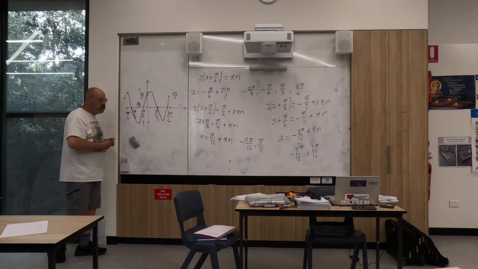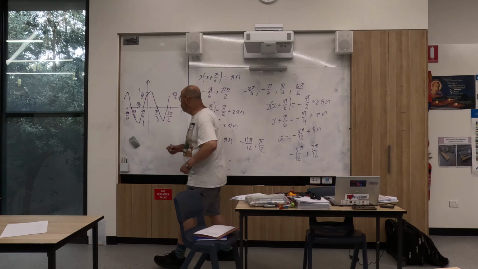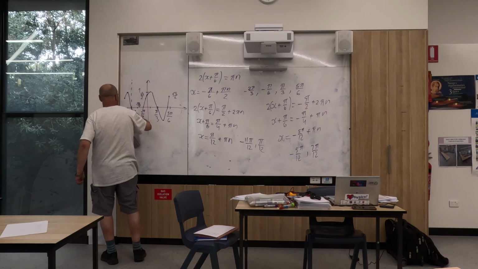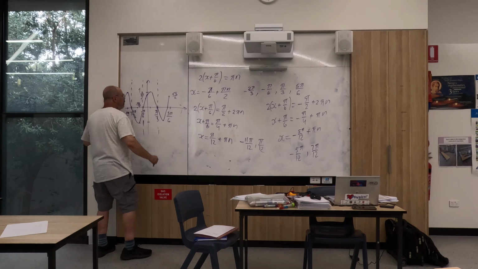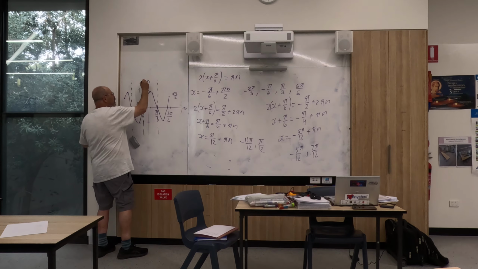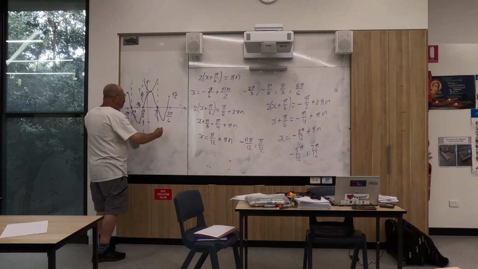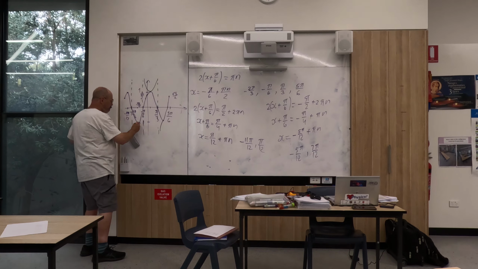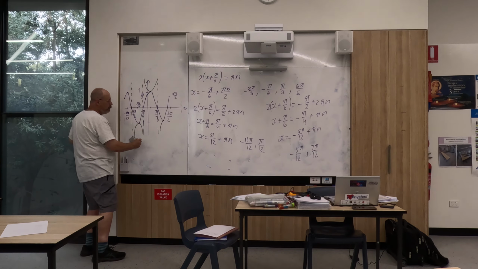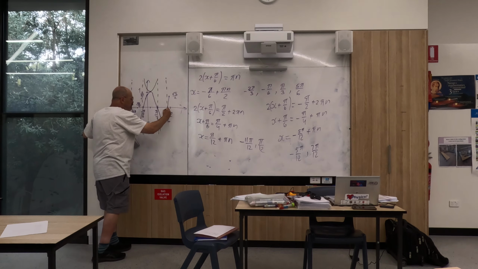And now we can do the reciprocal. We sketch the asymptotes, 3 asymptotes. And then we sketch this node here.